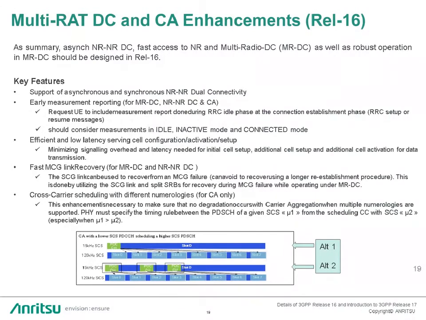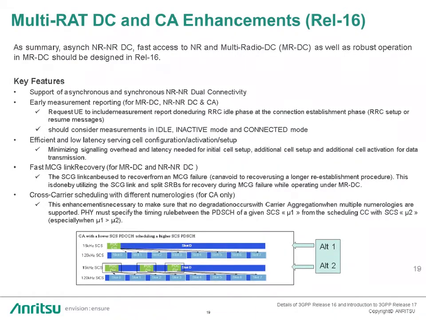Also, there are features for fast access to NR and increasing the robustness. So it's possible to have early measurement reporting, and efficient and low latency serving cell configuration, activation, and setup, so that there is less signaling overhead.